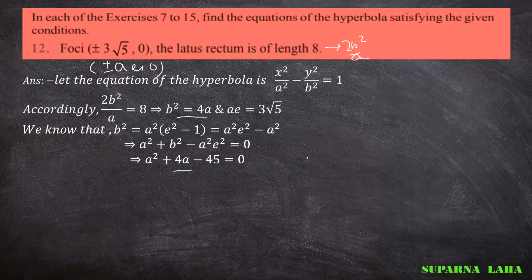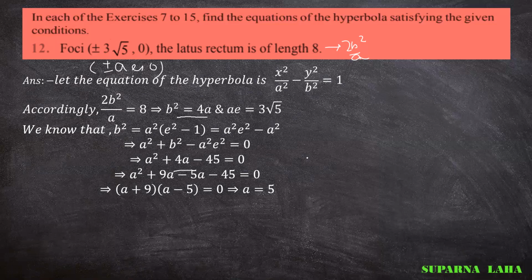So a² + 4a − 45 = 0. So just factorize the equation: (a + 9)(a − 5) = 0. Okay, so a is equal to 5 here.